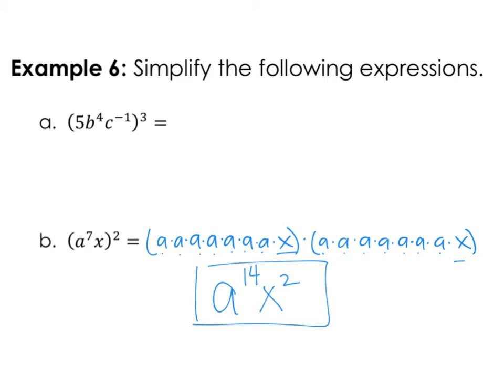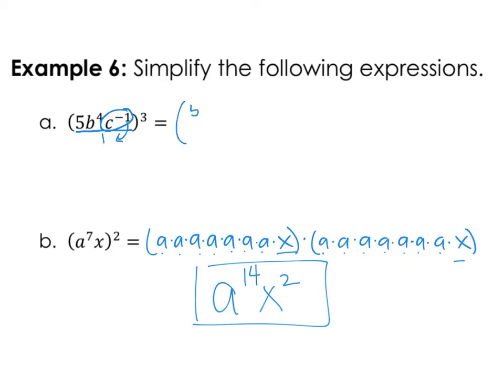Okay, let's try this next one. So we have a set of parentheses that is 5b to the 4th, c to the negative 1. Now, first off, I see that negative exponent is a no-no. So I'm going to make this divided by 1. And this c to the negative 1 is going to need to go down to the bottom of our fraction.